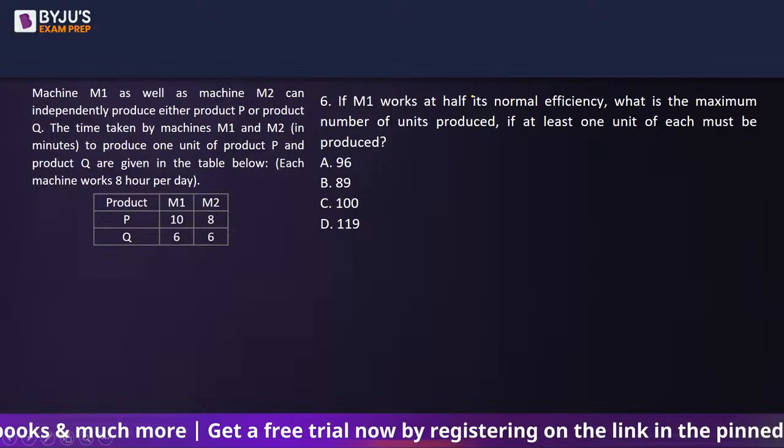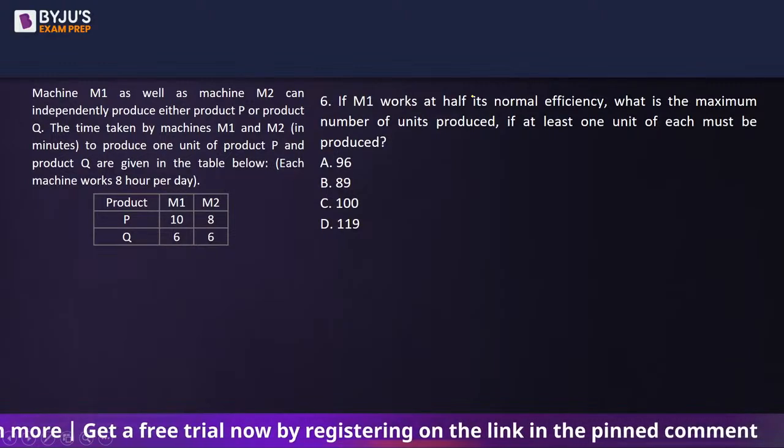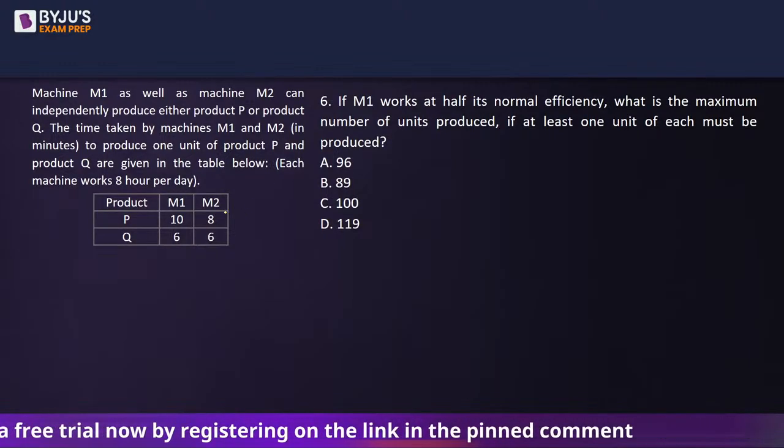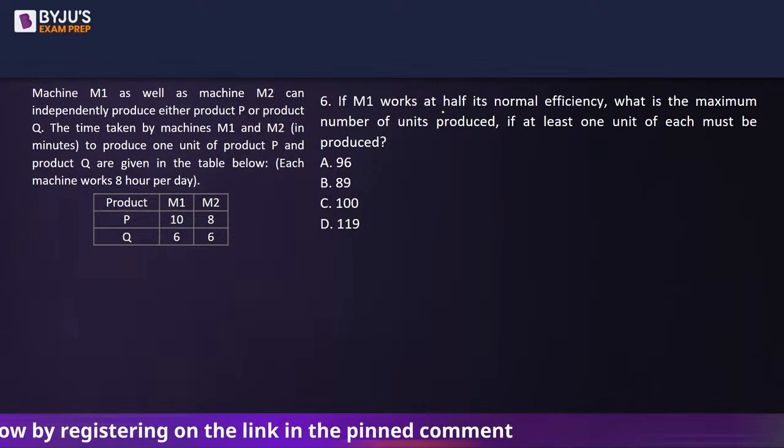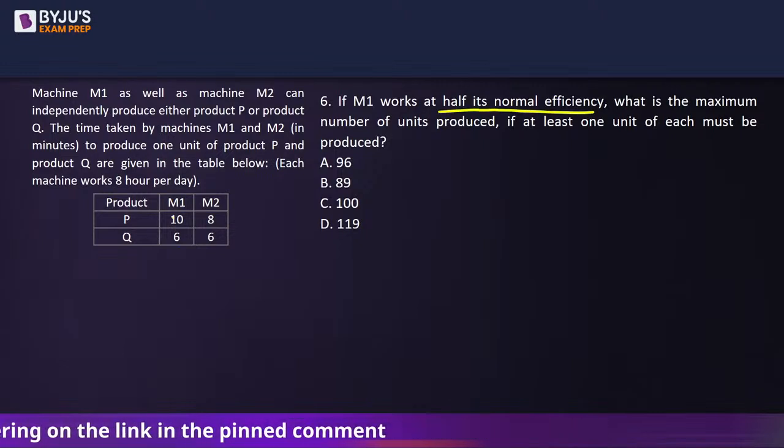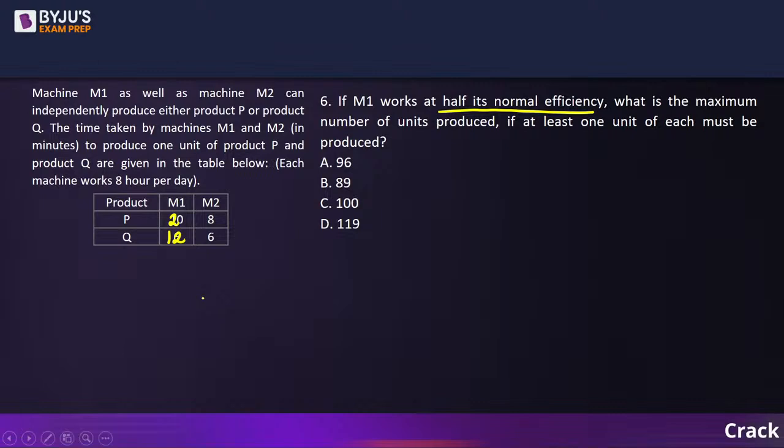Okay. Next, if M1 works at half its normal efficiency, that means M1 will now take 20 minutes to produce product P and it will take 12 minutes to produce product Q. यानी अब M1 जो है सबसे ज्यादा टाइम लगाएगा दोनों बनाने में.